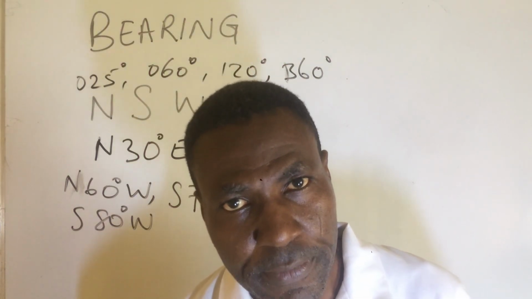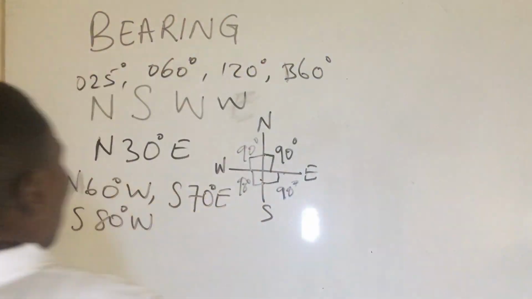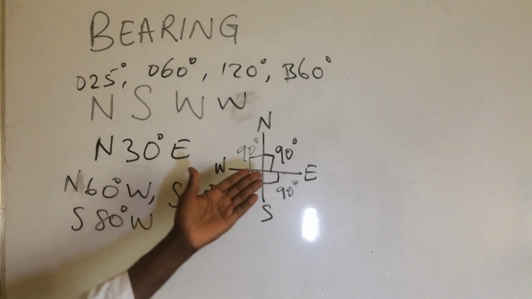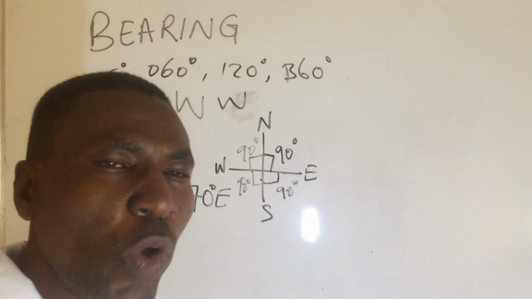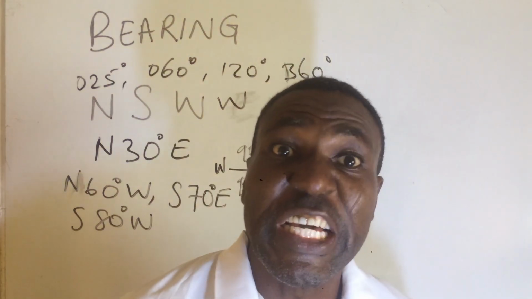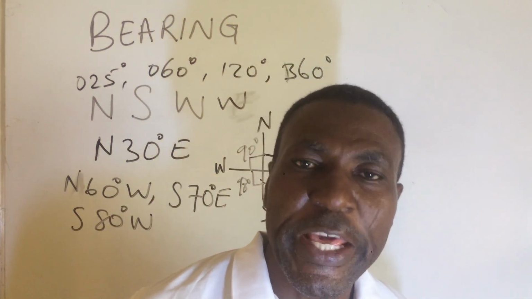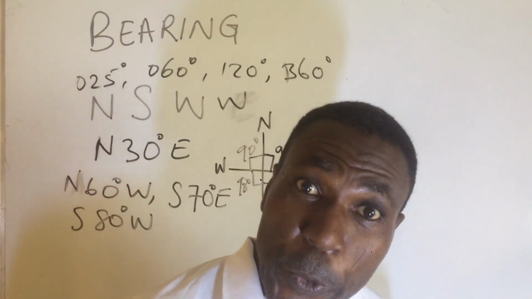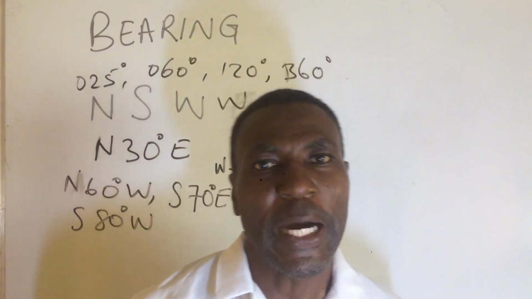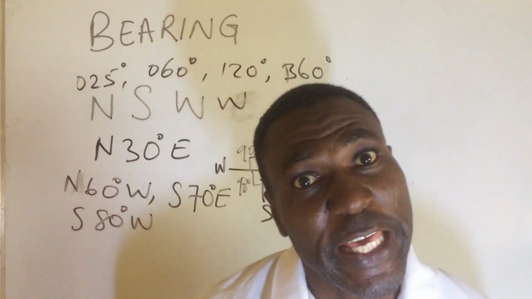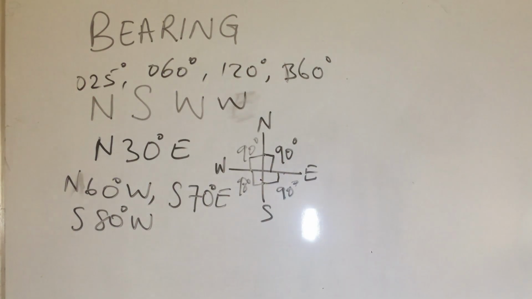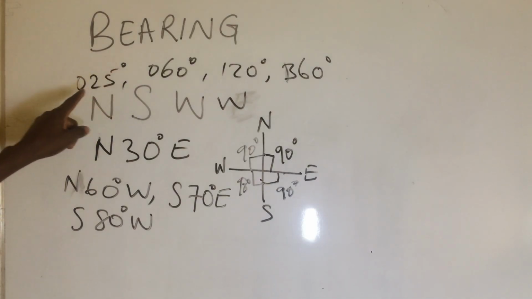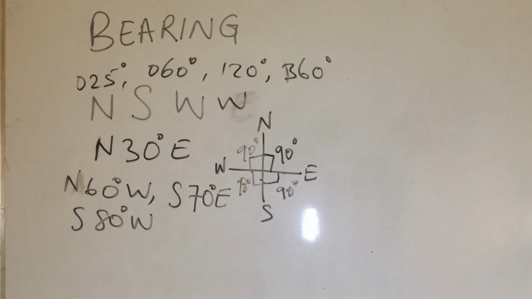Now and again, in this bearing using 4 cardinal points, we always make use of 3 digits in representing our angle in bearing, all right? We use 3-digit numbers to represent our angle in bearing, which is, if we are writing the angle of 25 degrees, we must represent it with 025 degrees.